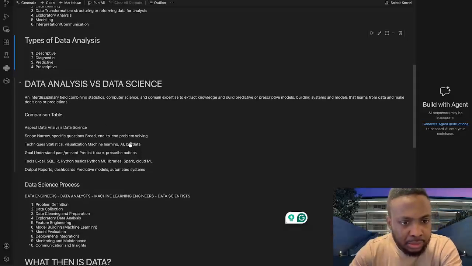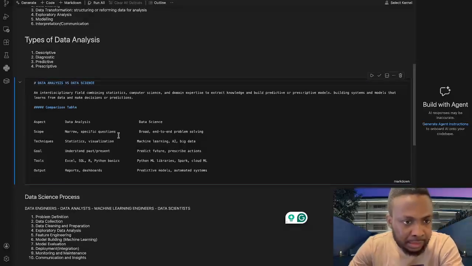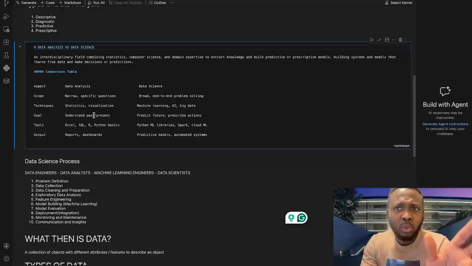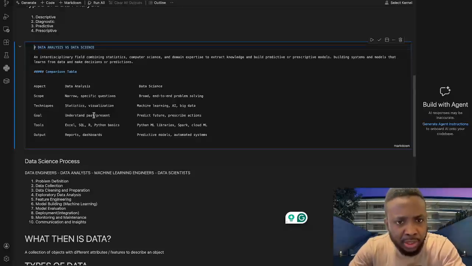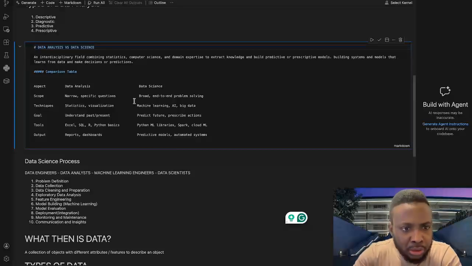Now let's look at a comparison table between data analysis and data science. The scope of data analysis is very narrow: ask specific questions, no complex questions. Data science is very broad, end to end, solving complex problems. You define a problem, build models to solve the problem, and so on.